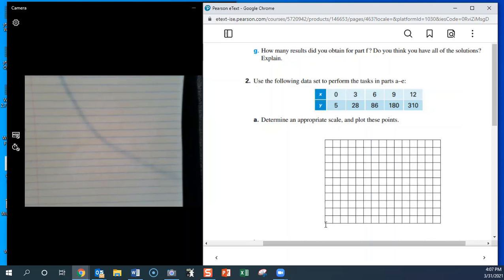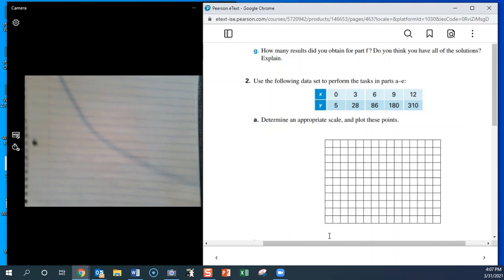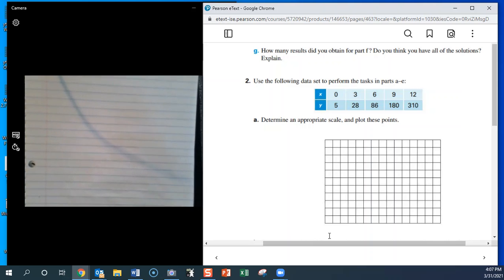So if we go by 30s, this would be 30, 60, 90, 120, 150, 180, 210, 240, 270, 300, and then this up here would be 330. So basically you could label that. And remember, here are the x values, and over here is the y axis as well.